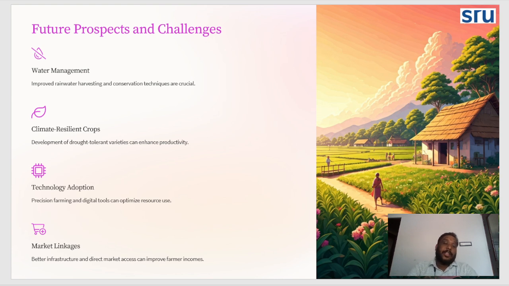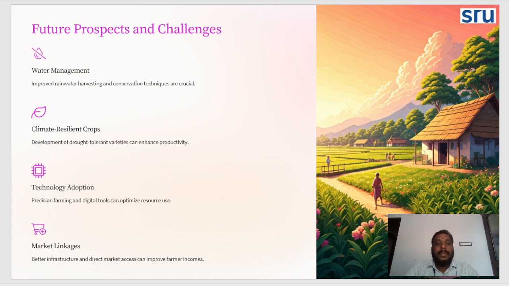Next is technology adoption, which is also one of the key factors. In the previous slides, we discussed how less investment and less interest in buying or adopting new technologies is hampering yield and yield quality, and also affecting malnutrition and the food security of the nation.